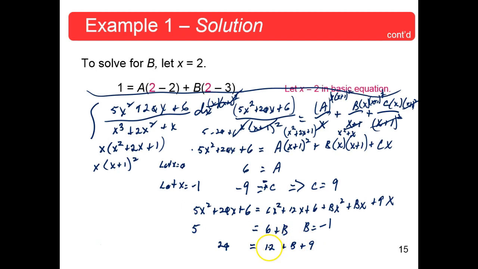And 12 plus 9 is 21. B is equal to -1 again. Whew, that makes me feel better. But I'm still a little paranoid, so let's look at the constant terms. 6 is equal to 6. I'll buy that. There aren't any b's in that. So I'm convinced b is equal to -1.